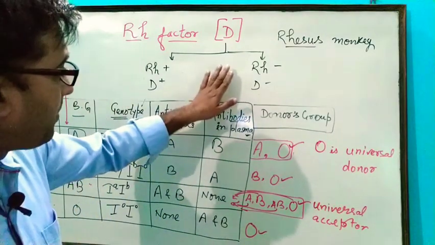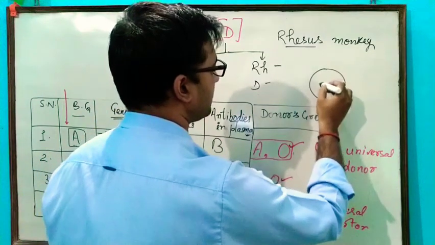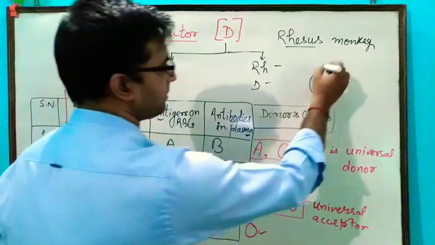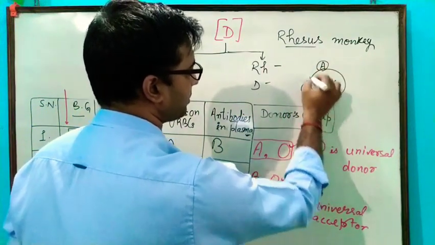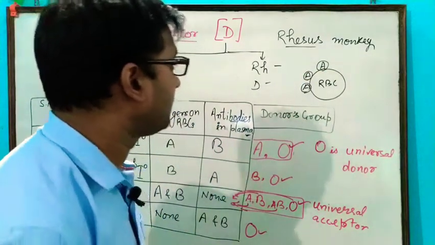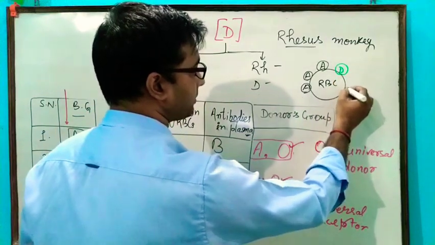Now apply this here. Let us consider this RBC having A antigen on the surface, as well as D antigen on the surface.